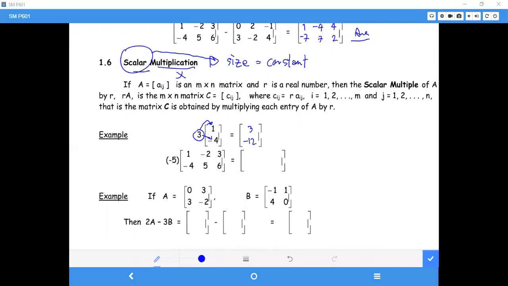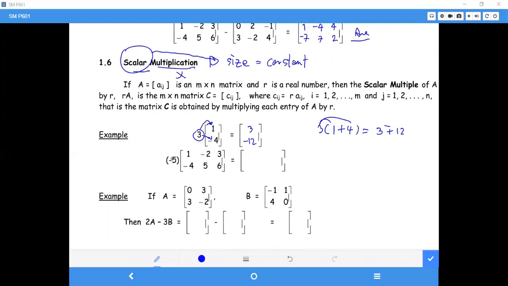The key concept is the same as when you distribute a number into the bracket. 3 times 1 is 3, 3 times 4 is 12. So you have to distribute that scalar, the constant, to all the entries of the matrix.